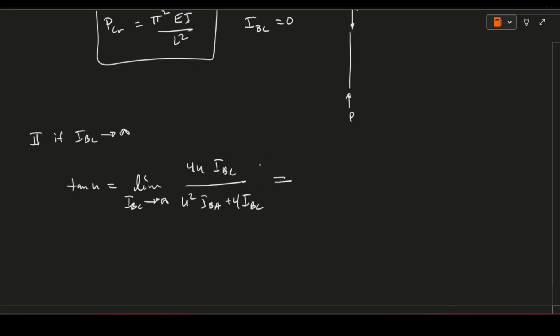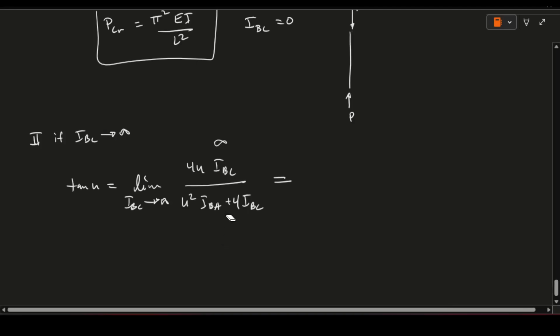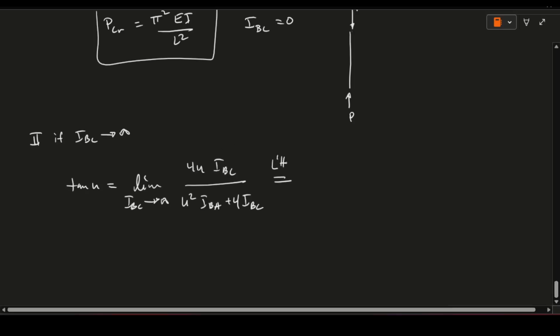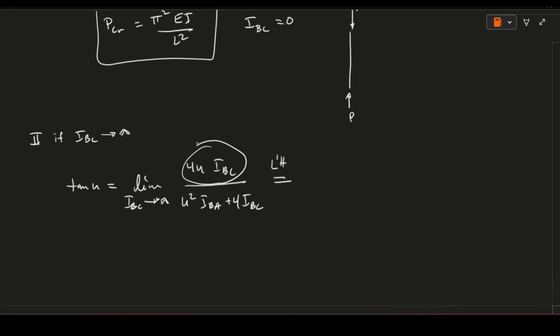Then the numerator becomes infinity, and the denominator also becomes infinity. So we can use L'Hopital's rule. We can take the derivative of the numerator with respect to IBC. We get 4U.